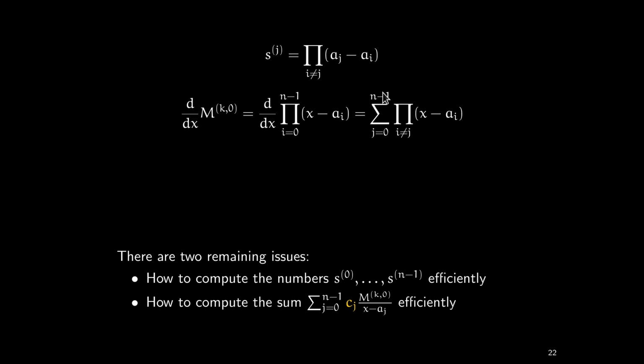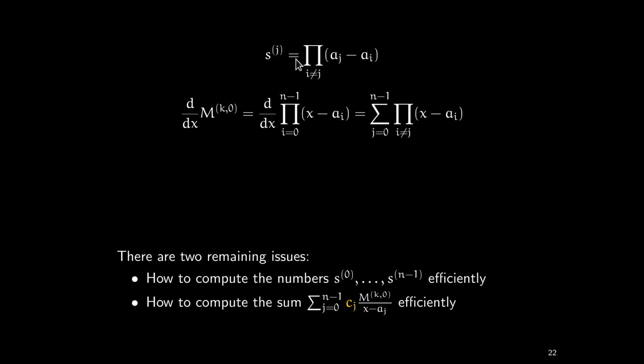In this sum, for every j, you have the derivative of the jth of these factors times all the other factors. So you get here the product over i different from j, so this looks already a bit like this here, and then you sum this all up. Okay. Now, how do we get the s here?